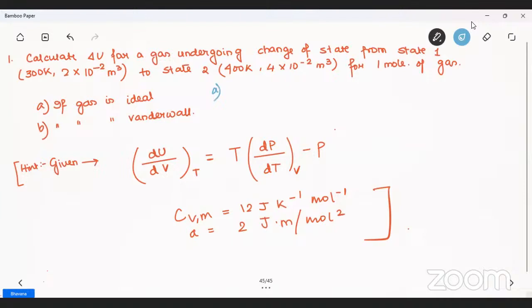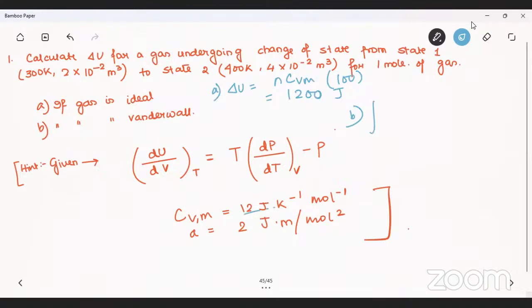Anyways, A. If the gas is ideal, I gave you the formula into 100. So what will be 1200 is already given, right? It is kilojoule, so 1200 joules. I have converted kilojoules to joules. And what is B?